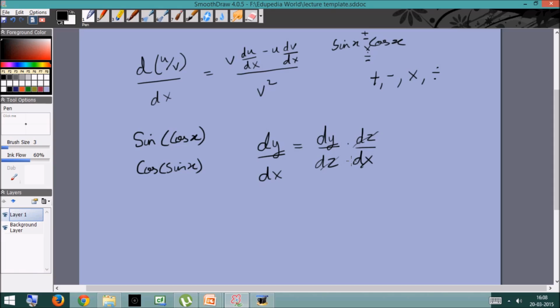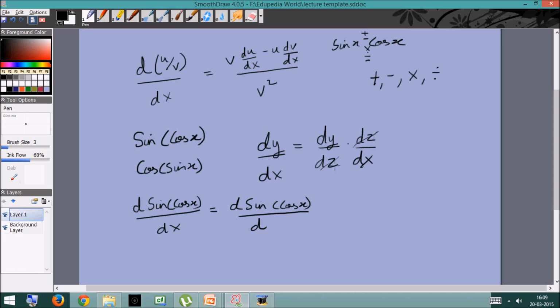But how do we use this? So let's say we want to calculate the derivative of the sine of cos of x. Now the only trick in chain rule, which comes with a little bit of practice, is how you decompose the fraction. So in this case, I'll decompose this as d of sine of cos x by d of, the only question is what do we choose to be z?